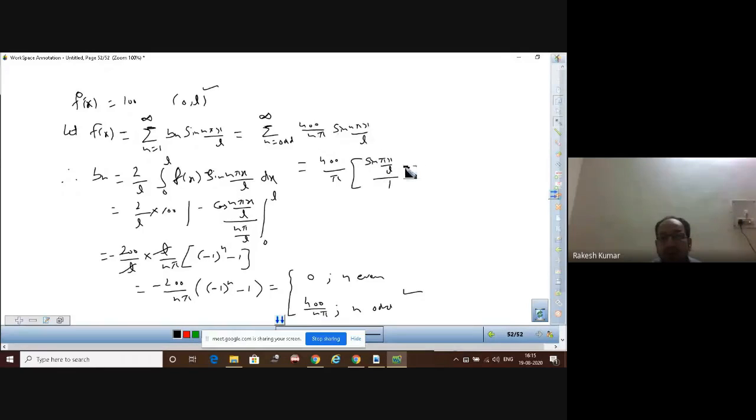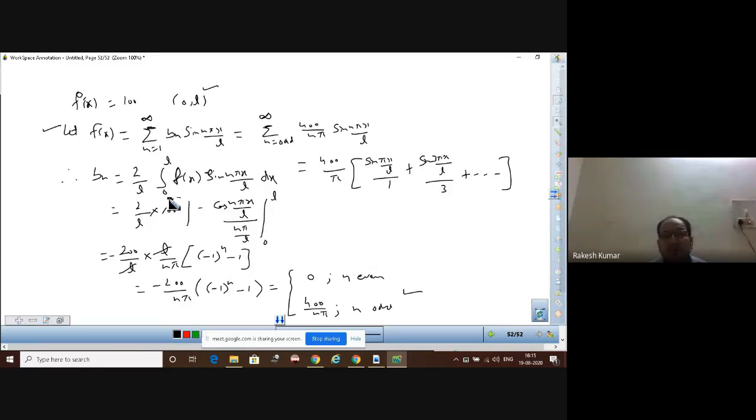And for n equal to 3, you will get sine 3 pi x upon L over 3, plus so on. So this is your required Fourier series of the given function.